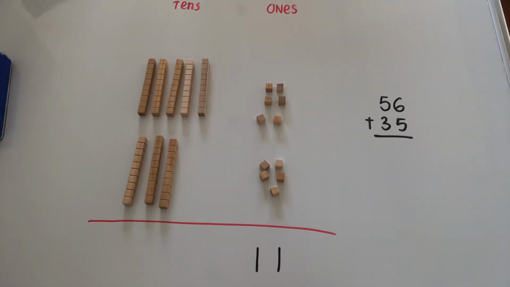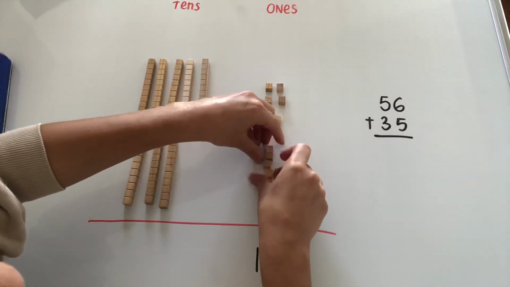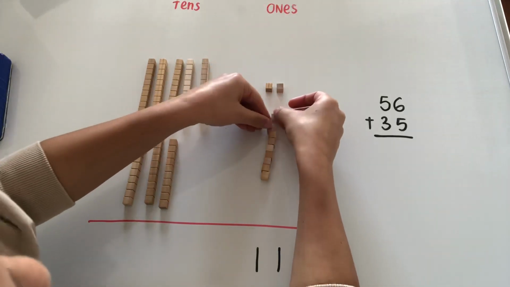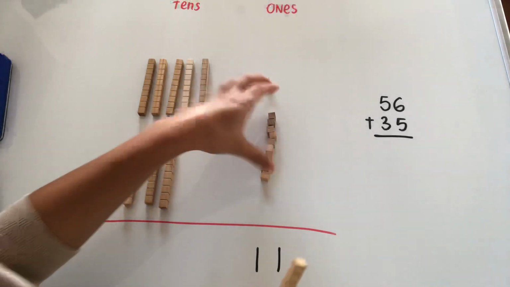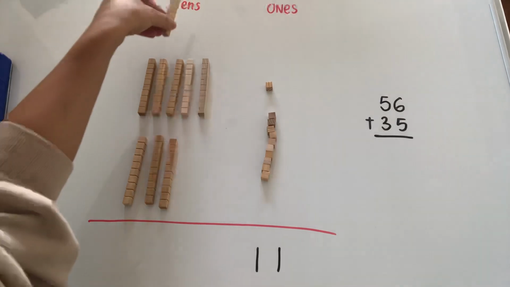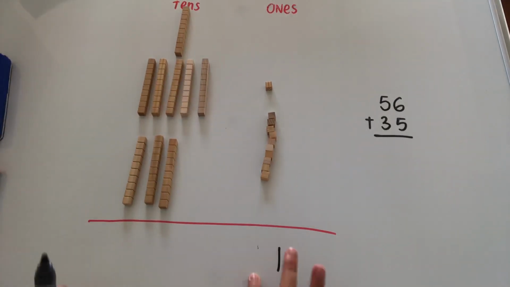We can rename it to 1 ten and 1 one. If we join these ones together, it would make 1 ten and 1 one. So I'm going to substitute these ones for a 10 and carry that 10 over to my tens column.